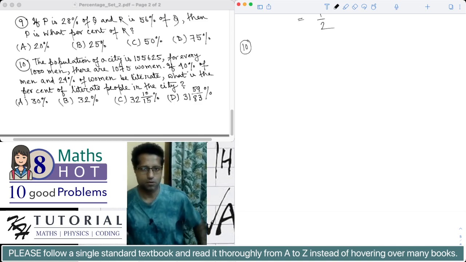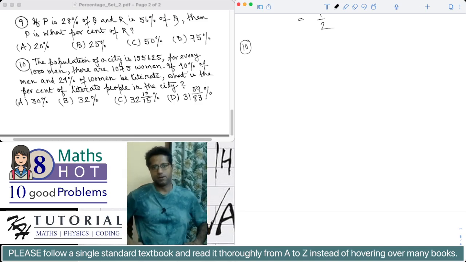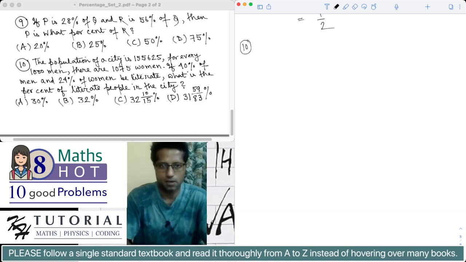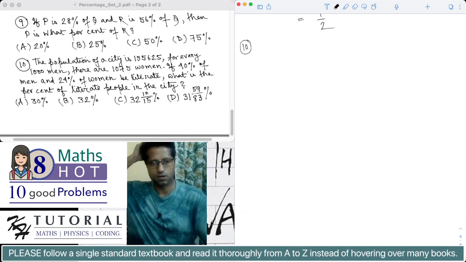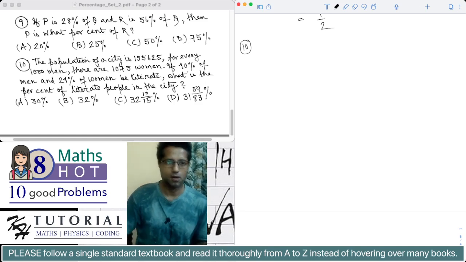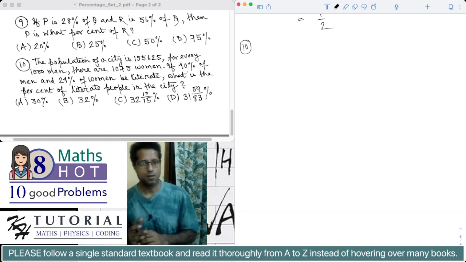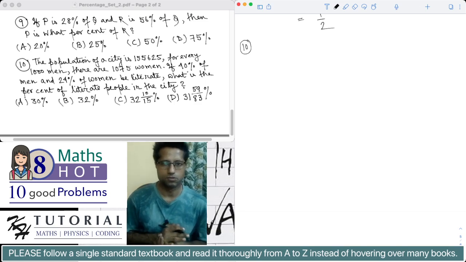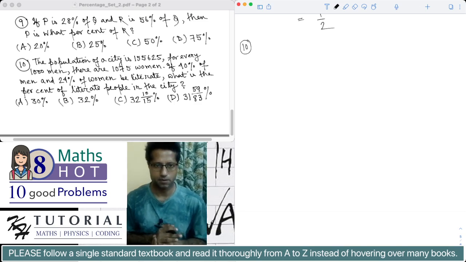So 40% of men, or whatever is the number of men, out of that number 40% is literate. That is, the number of literate men is 40% of the total number of men, and the number of literate women is 24% of the total number of women. So what will be the percent of literate people in the city?